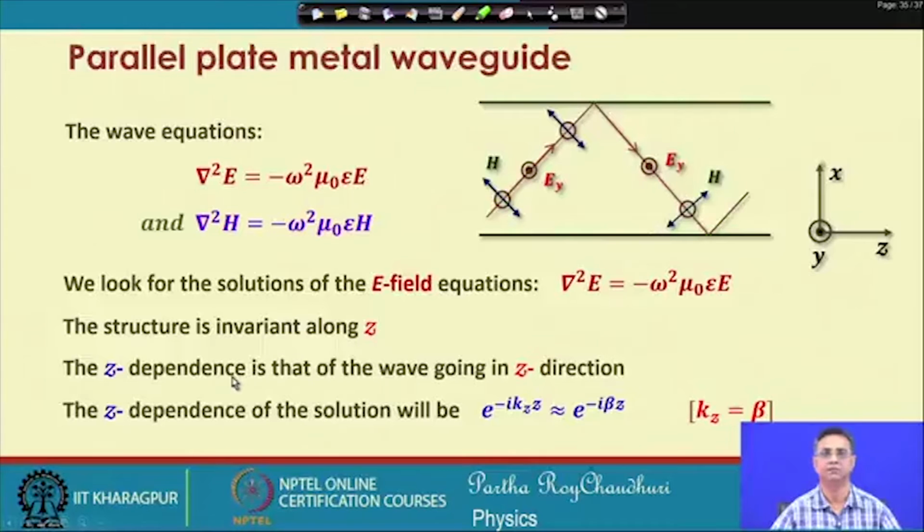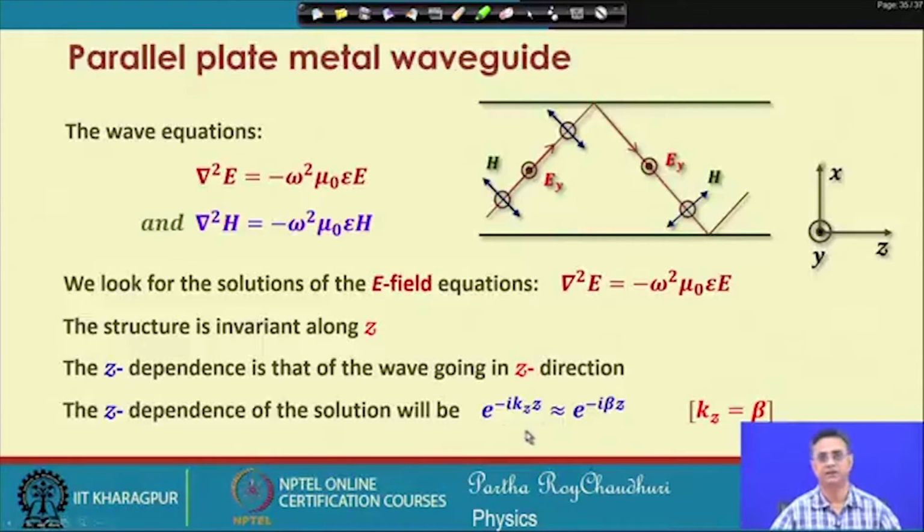The z dependence should be represented separately. The z dependence of the solution, we have seen earlier, can be represented by e to the power of minus i k z z, but k z we have called beta, which is the z component of the propagation vector.